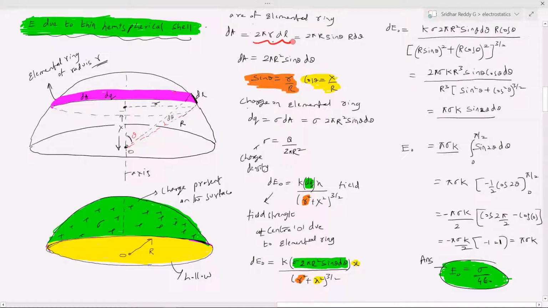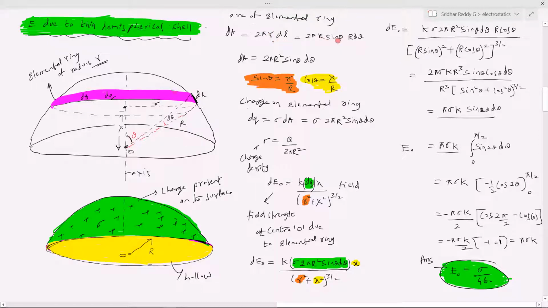which will be dl. So from the diagram, what is sine theta? Small r by capital R. Sine theta is small r opposite by hypotenuse capital R. So in place of small r, I'll write R sine theta.